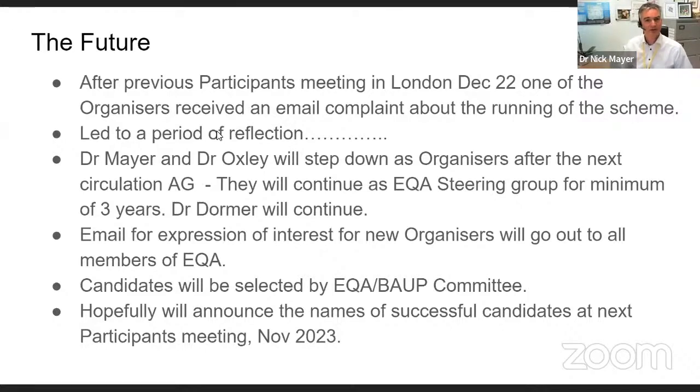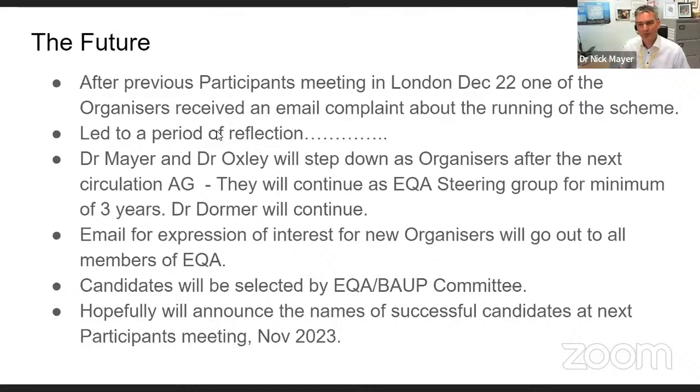So that's 18 odd years that I've been involved. John joined in 2010-ish. So we've been around a long time, and feel that it's probably time for some new blood. And we're proposing that we would step down as co-organisers at the end of the next circulation.